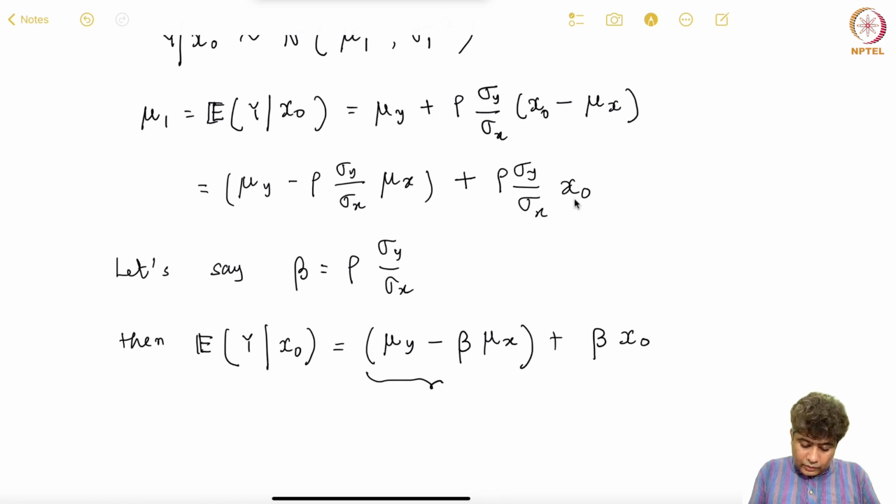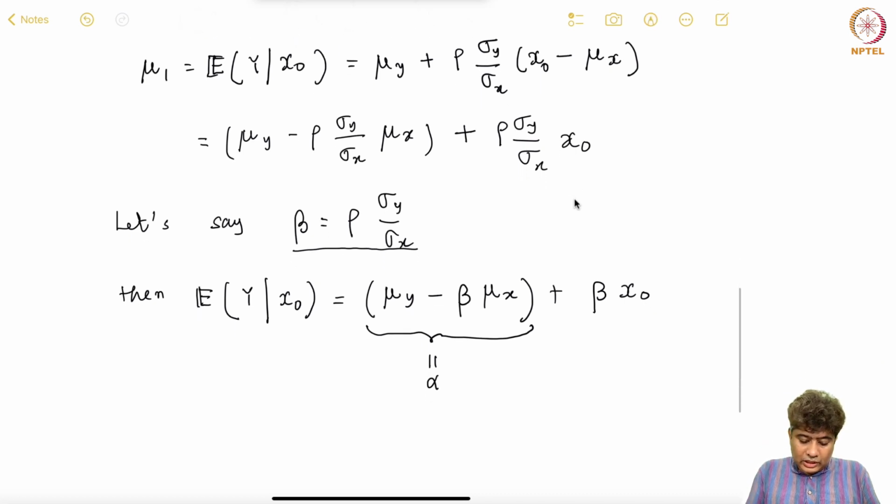If you look carefully, beta is rho times sigma y by sigma x, which is completely constant. Mu x is constant, mu y is constant, so it is actually a constant. We can call it alpha. So essentially it turns out alpha plus beta x naught.